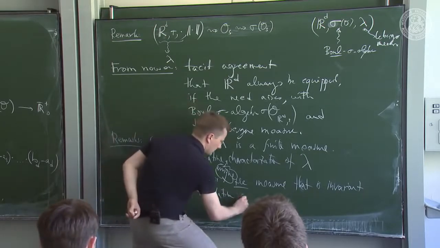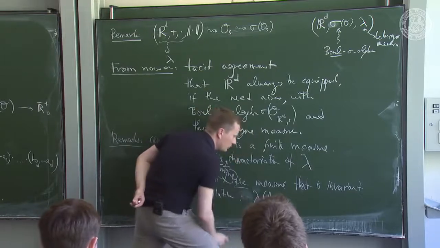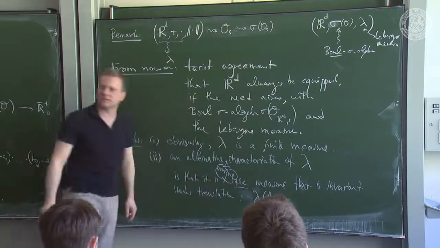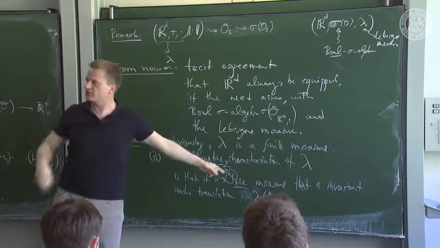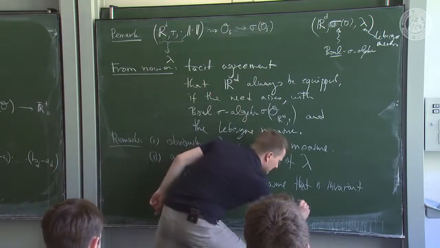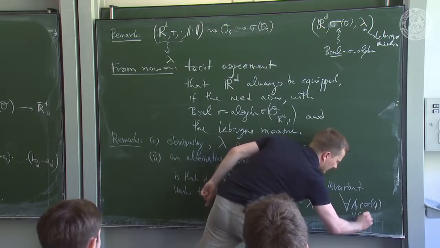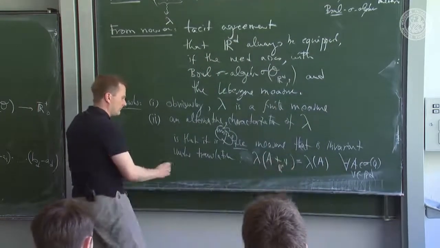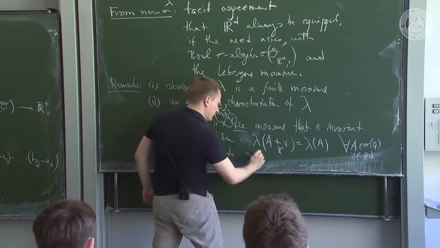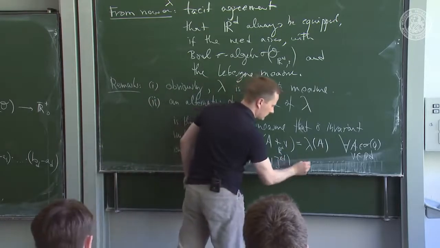That means lambda of a measurable set A, to whose every point you add a vector v according to the component-wise addition on R^D, so you shift the whole set by v, that's my short notation for that, this contains elements in R^D, you know how to do that, is the same as lambda of A for all A in the sigma algebra and for all v in R^D, and which sends the unit cube [0,1] to the D-th Cartesian power to 1.